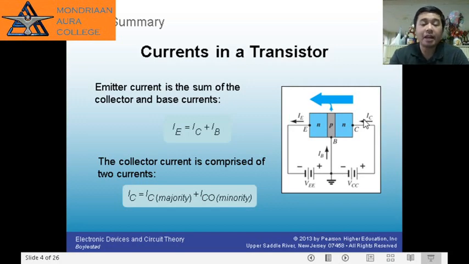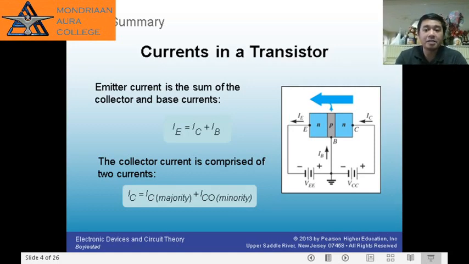Ngayon ay makakapag-establish na tayo ng first equation natin para sa ating BJT. Ang first equation natin ay i-relate natin yung tatlong kuryente sa ating BJT. As you notice dito, with your NPN, palabas si I sub E, papasok si I sub B, at papasok si I sub C. Kirchhoff's current law states that lahat ng pumapasok ng kuryente ay equal sa lahat ng lumalabas na kuryente.